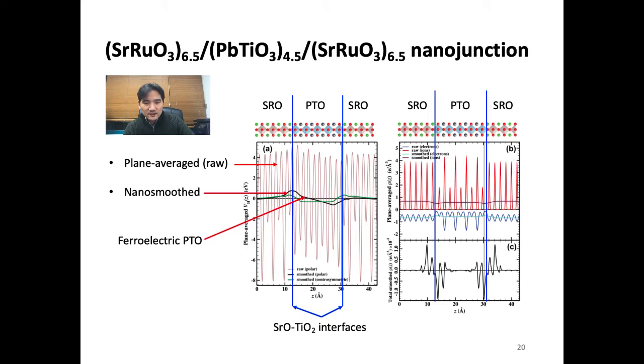As you can see, the plane-averaged raw potential oscillates up and down even within the unit cell. So with nano smoothing, it is easier to grasp the macroscopic potential variation. And you can do some sanity checks that are well described in the review paper.